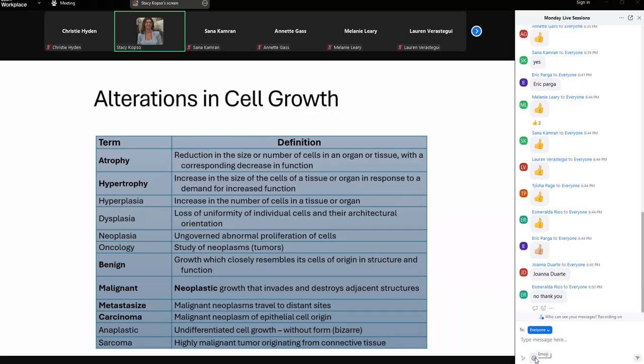It's not good. Sarcoma is a highly malignant tumor originating from connective tissue. We'll go into that in other chapters as well, but just remember that term. So remember your atrophy, hypertrophy, benign and malignant, you already know. Metastasized, carcinoma, sarcoma, okay.